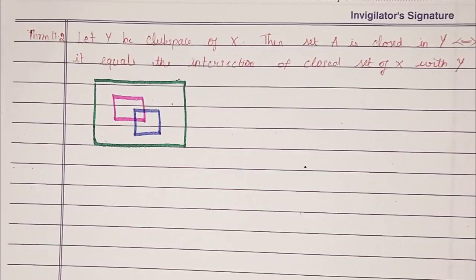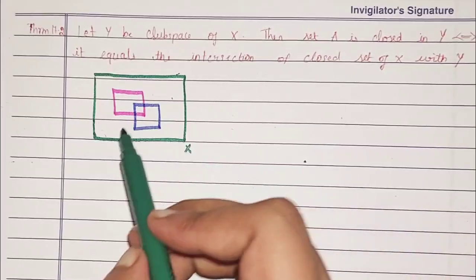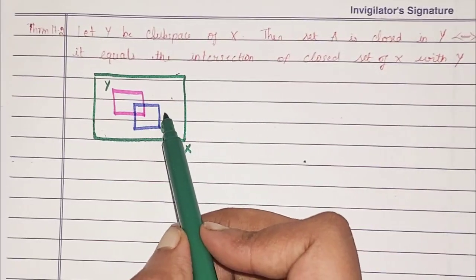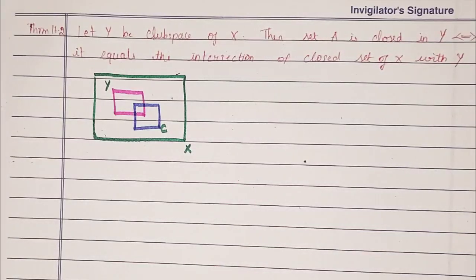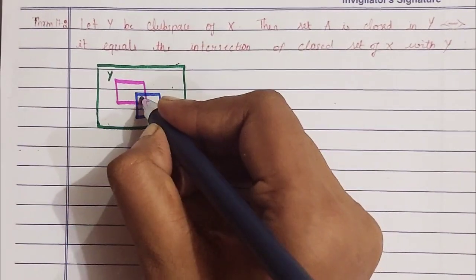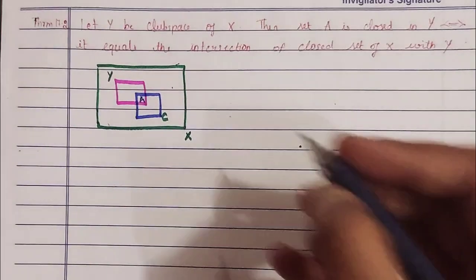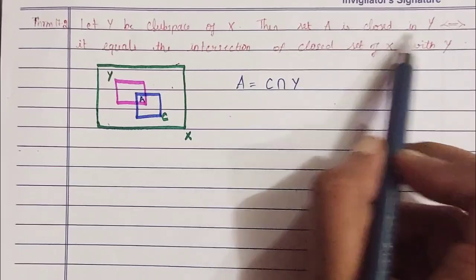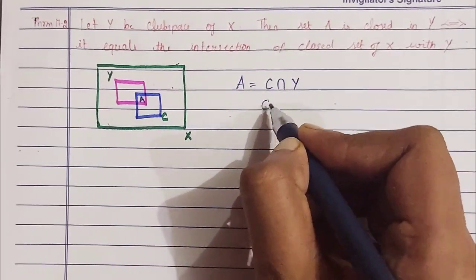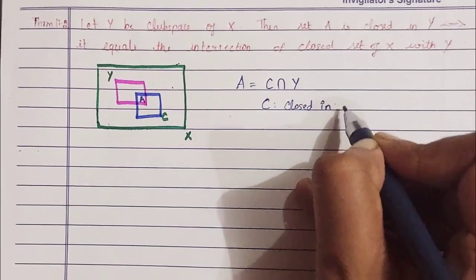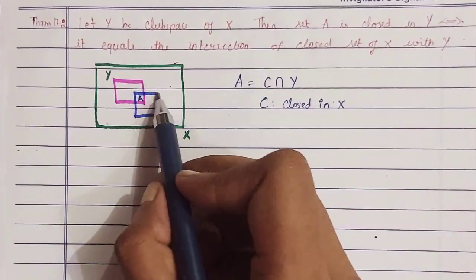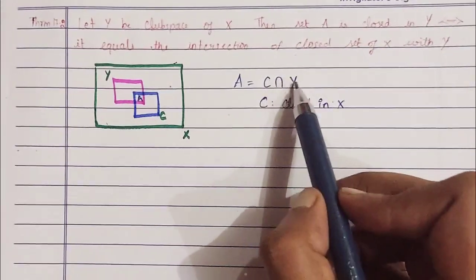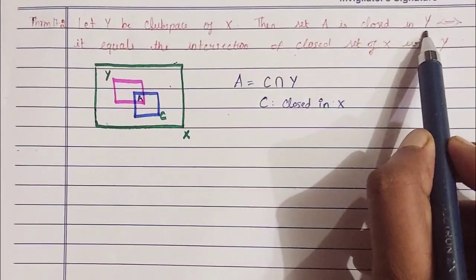I have this topological space X in which I have this Y and this C. I am naming it C, which is a closed set of this X. The intersecting region is my A. So I am calling A equal to C intersection Y. I am assuming this and I have to prove this A is closed in Y. I have to say this C is closed in X. Because you have this statement, the intersection of a closed set of X, I am naming the closed set of X as C. And C intersection Y is equal to A. So I have taken this and I am going to prove A is closed in Y.